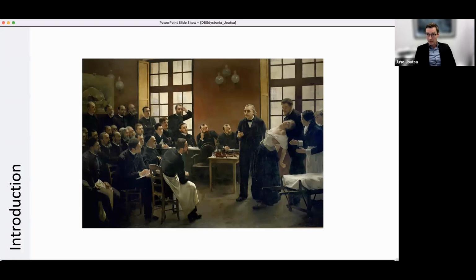So a historical note. As you probably are aware, dystonia was not always considered a neurological disorder with background in brain pathophysiology. In the early days, dystonia was considered a mental health issue with psychological mechanisms behind it.